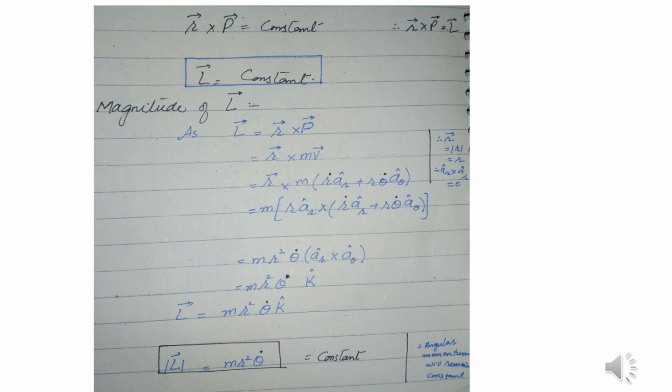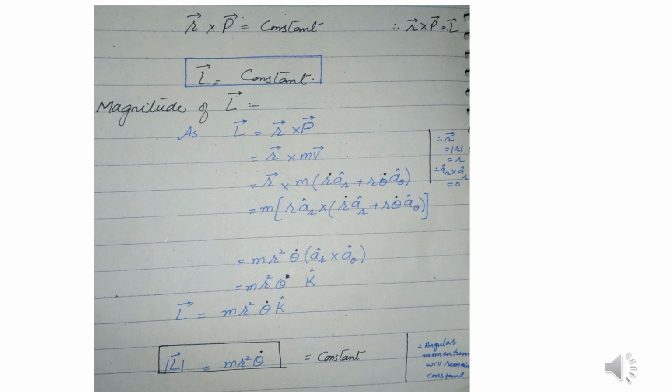We know that theta dot is the angular velocity. So here m r square theta dot will be equal to L. So we will write the L vector is equal to m r square theta dot k cap.